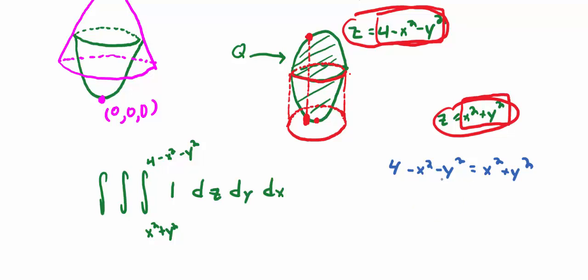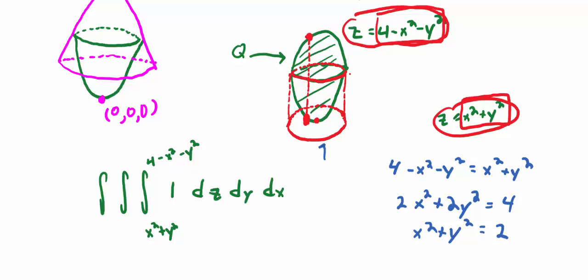Probably combine like terms, right? So how about I move the x squared and y squared over here and turn it around, get what? 2x squared plus 2y squared equals 4, or x squared plus y squared equals 2.